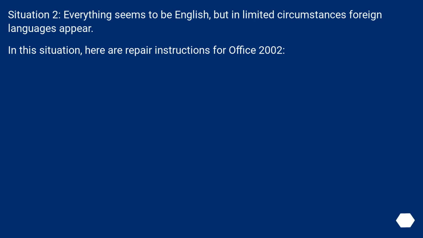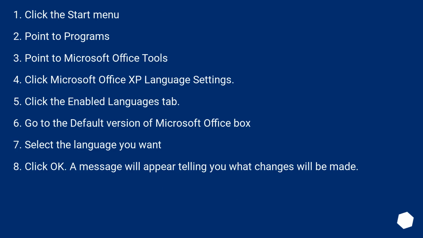Situation 2, everything seems to be English, but in limited circumstances foreign languages appear. In this situation, here are repair instructions for Office 2002. Click the Start menu, point to Programs, point to Microsoft Office Tools, click Microsoft Office XP Language Settings.